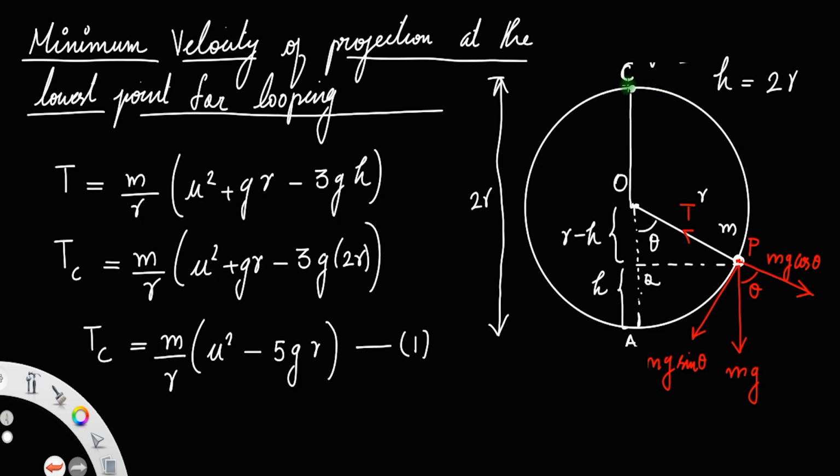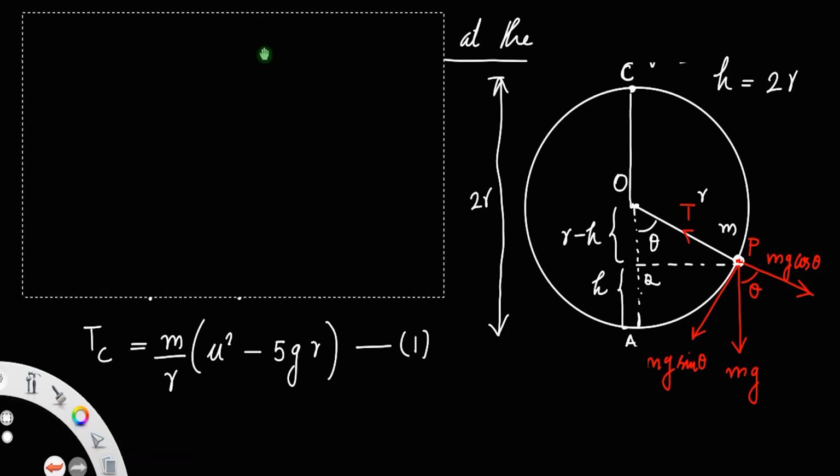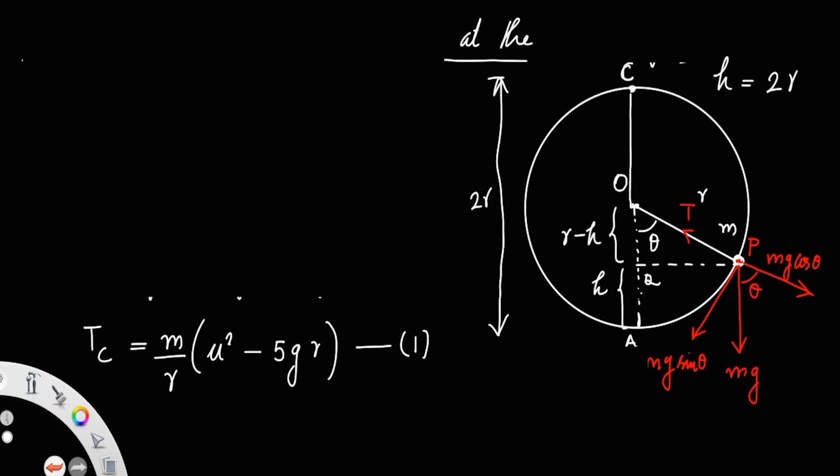So the condition for looping is that the tension at the highest point must be greater than or equal to 0. That is, Tc must be greater than or equal to 0. If it is greater than 0, then it is fine. At least it should be equal to 0.